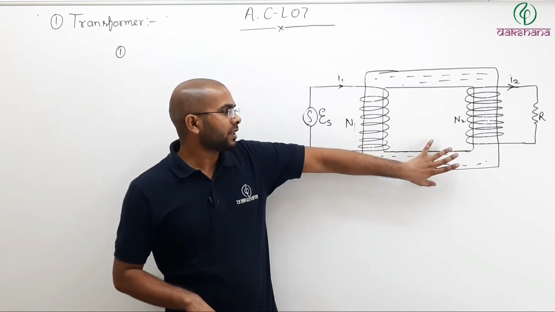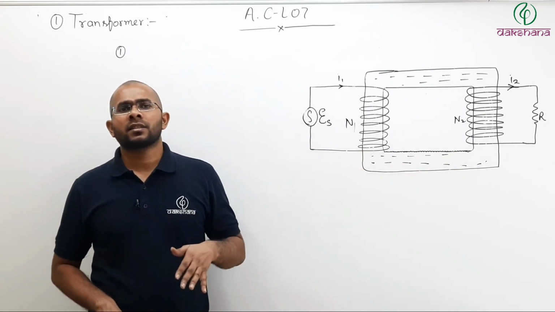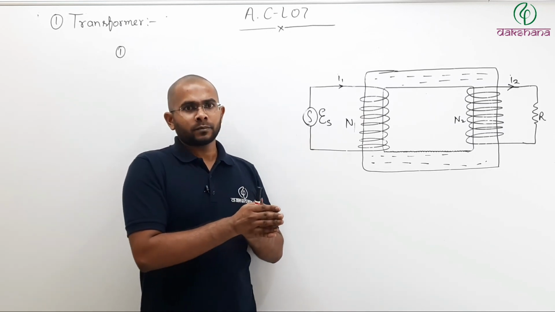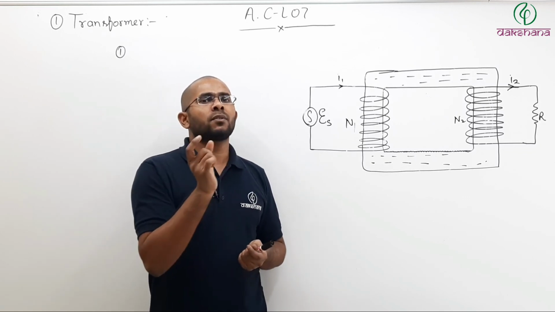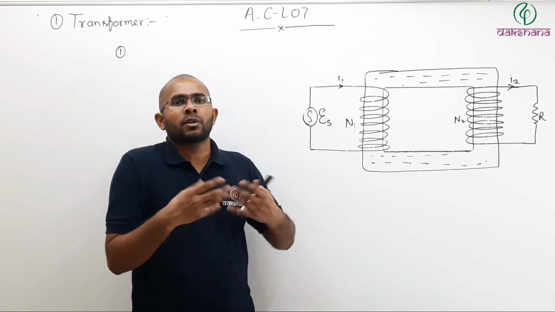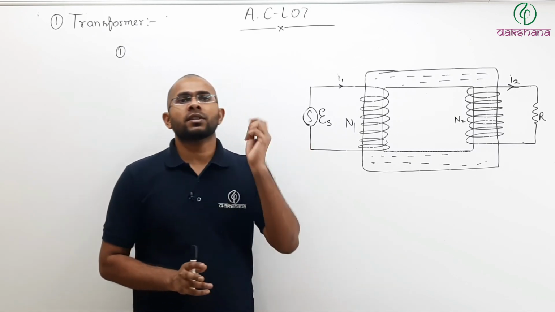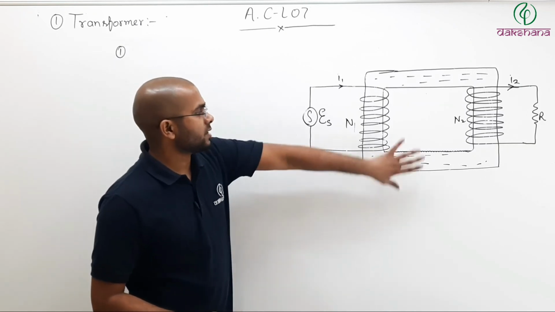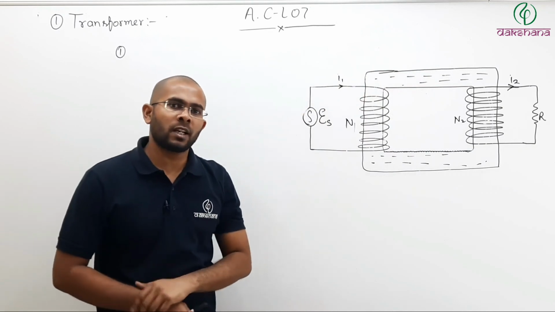For example, if there is a transformer in your area, near the transformer you will not get your cell phone signal very strong. Why? Because the transformer itself is producing a magnetic field, and that magnetic field is interfering with your smartphone signal.